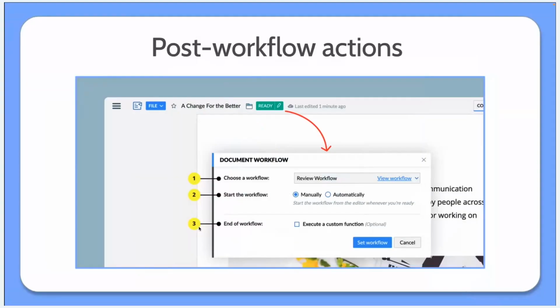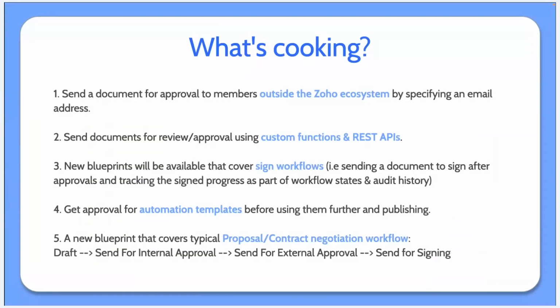And getting to the next one. This is what we have planned in the product roadmap. Let's say, imagine you need to send a document for approval to a client who doesn't use Zoho. With the first requirement that I mentioned, you'll be able to specify their email address and include them in the workflow, even if they're not part of your organization.